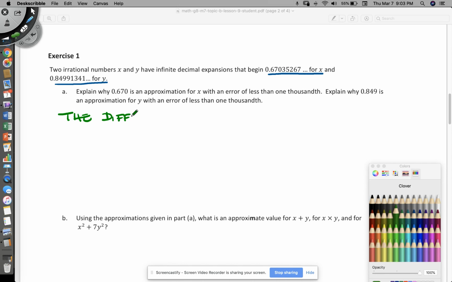What is the difference between what they gave us here and what they gave us up above? So we're going to say the difference between. All right, so we had 0.760 coming from right here, and we're going to compare that with this longer version up here.